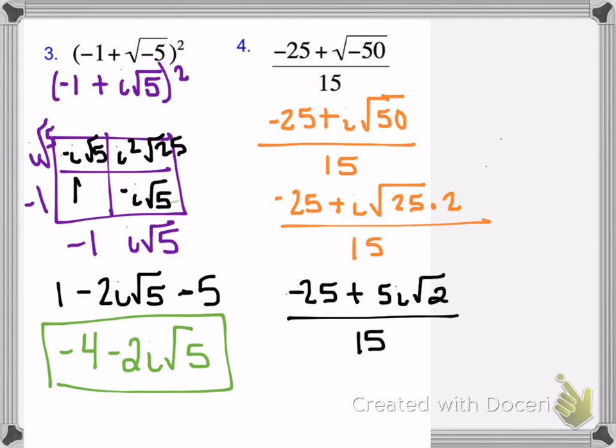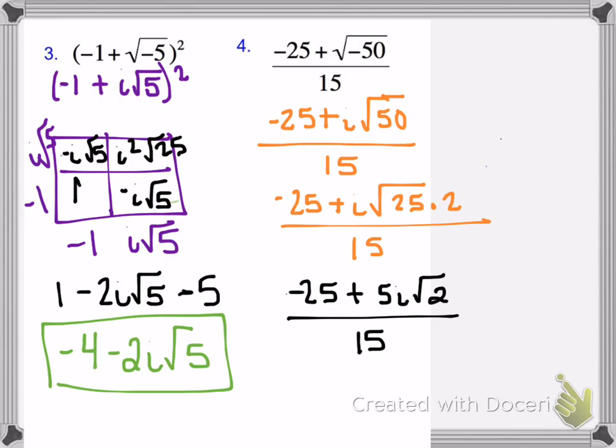After doing so, there's a lot of multiples of 5, so we're going to reduce everything by 5. Negative 25 can be reduced by 5, 5 can be reduced by 5, 15 can be reduced by 5.